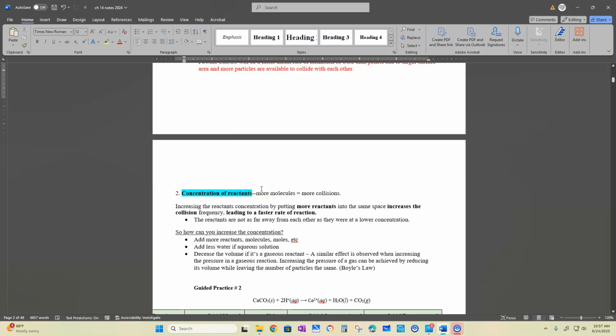Concentration. When you have something that's 1 molarity versus 6 molarity, remember back in chapter 4, molarity is moles over liters. So if I have 1 molarity, that means I have 1 mole per liter, or 6 moles per liter.